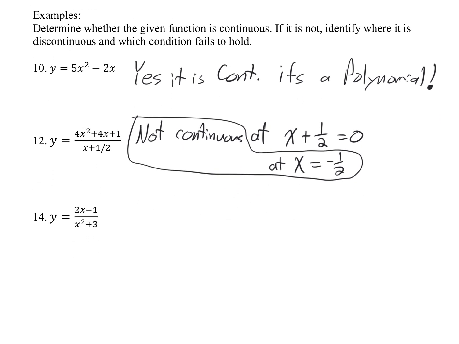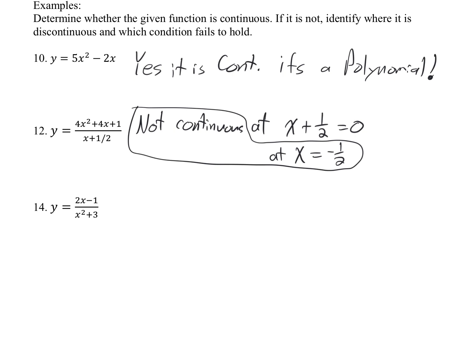All right, let's go ahead and look at this last question, question number 14, following the numbering in our book. What we have here is a function. We want to know if it's continuous or not. It's a rational function, so we know it's not continuous if x squared plus 3 is ever equal to 0.